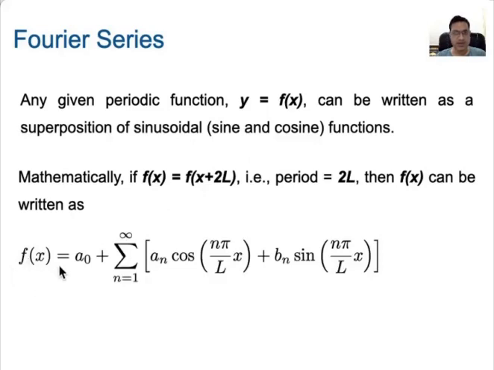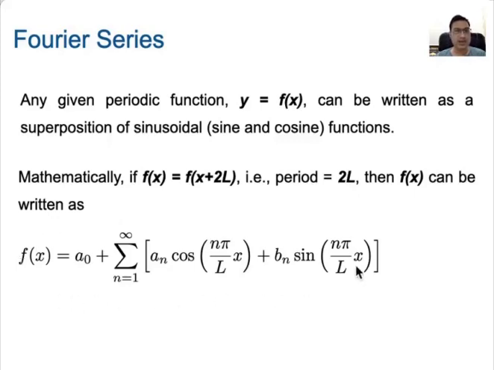So f of x is equal to a naught plus the summation over n, where n ranges from 1 to infinity, of an times cosine of n pi over l times x plus bn times sine of n pi over l times x, where a0, an and bn are constants and l is related to the period of your function. And this is what is called a Fourier series.